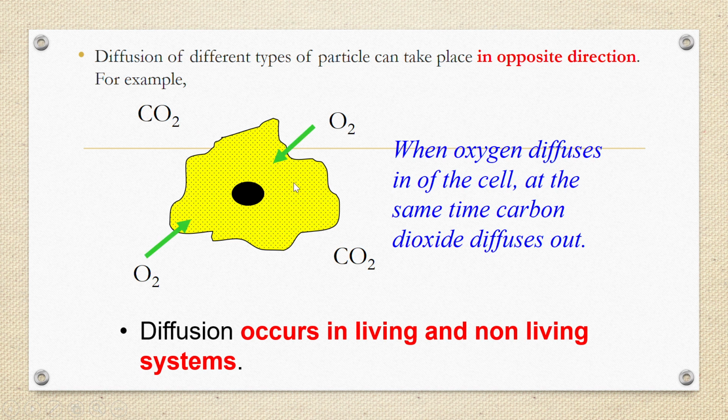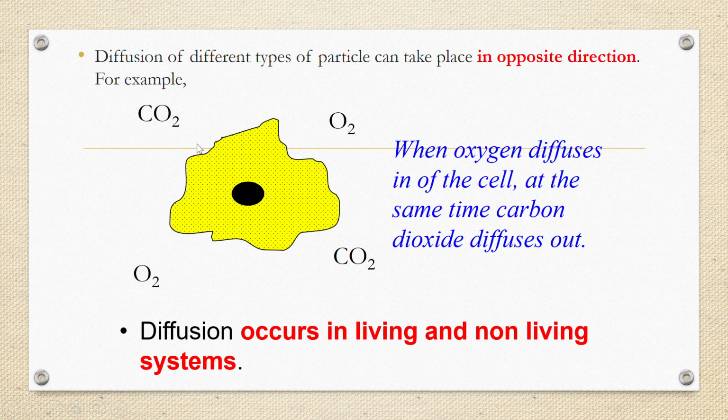Therefore, the concentration of oxygen within the cells is lower as compared to the outside. That's why simple diffusion is going to happen, where oxygen from the high concentration region is going to diffuse into the cell with lower oxygen concentration.